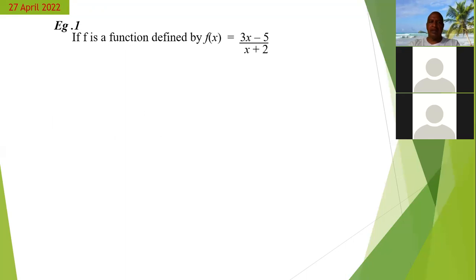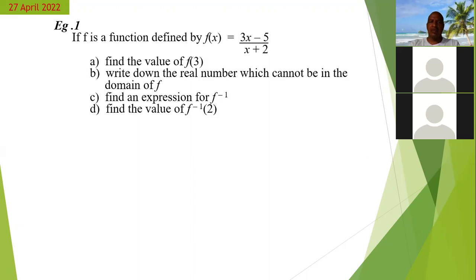Here we had started looking at this question from yesterday. We were asked to find f of 3, that's part A, and we did that. And you were told that for parts B, C, and D, you should try that at home.